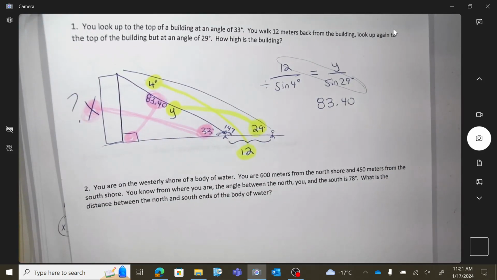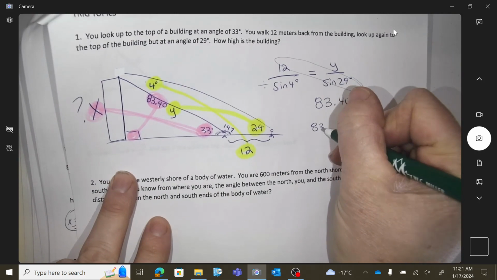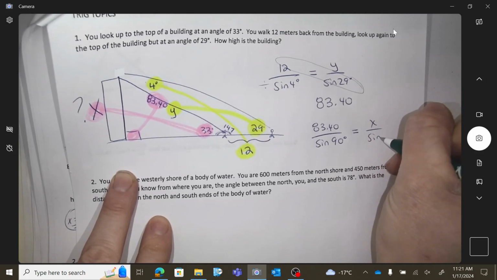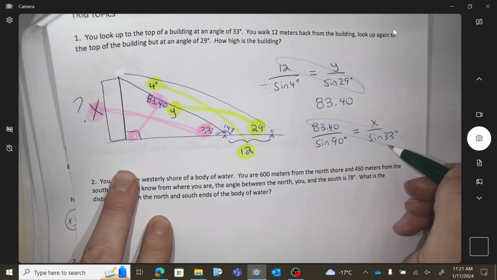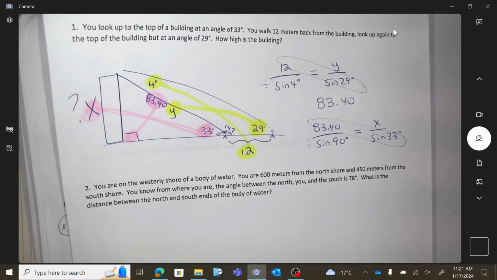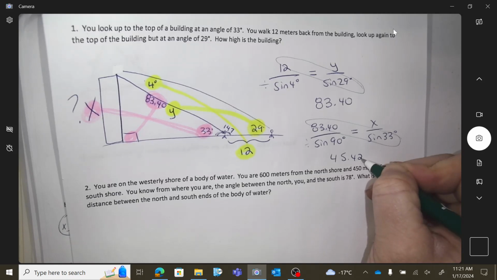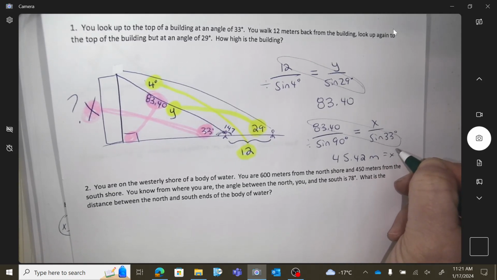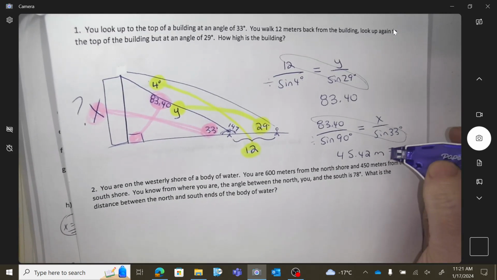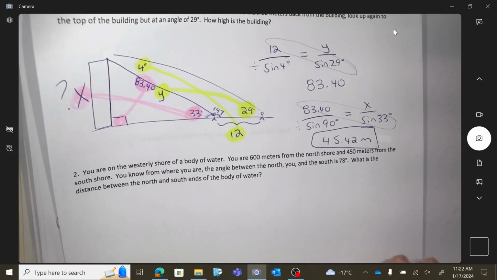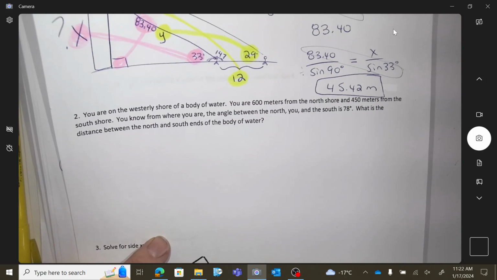And I made another pair in a different triangle. Okay, this is a word problem. I also expect you to put meters on the end of that.